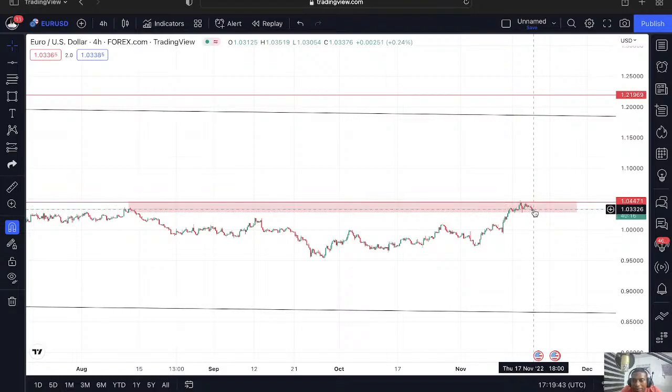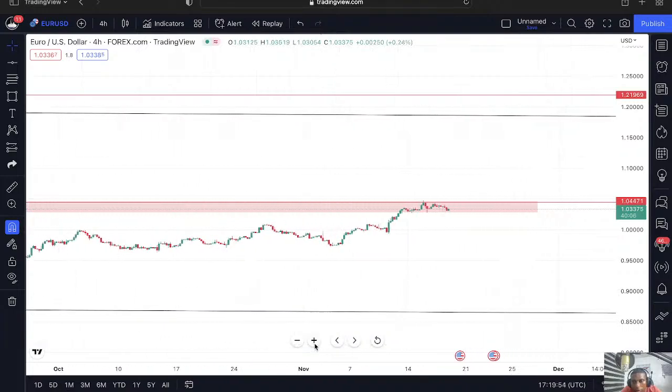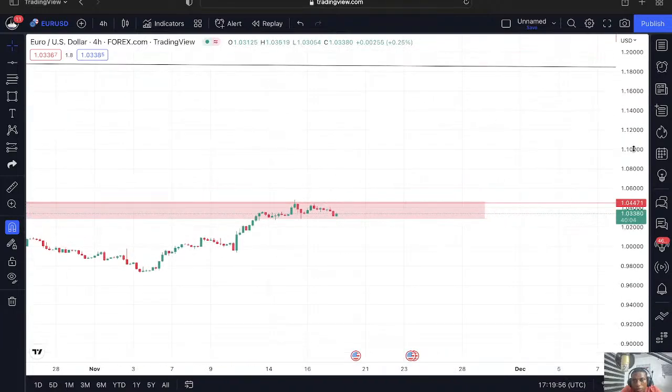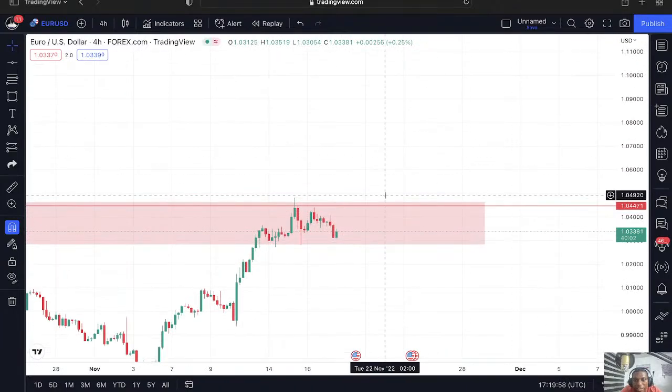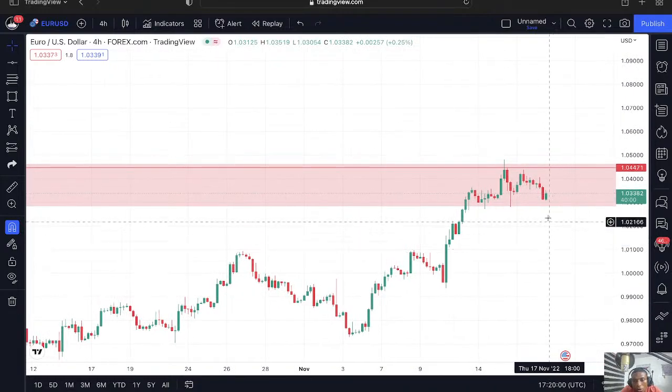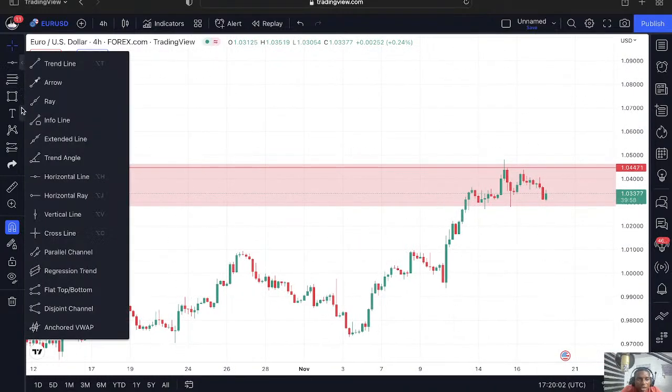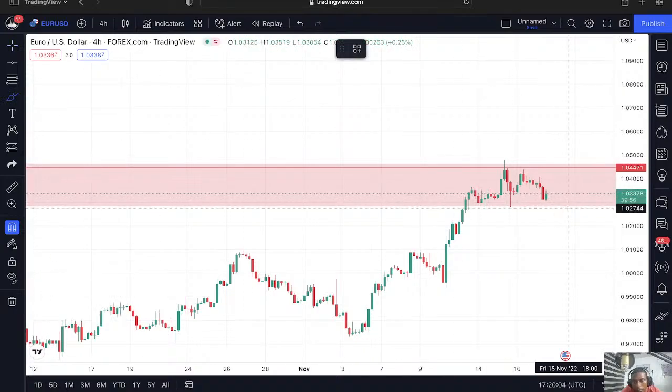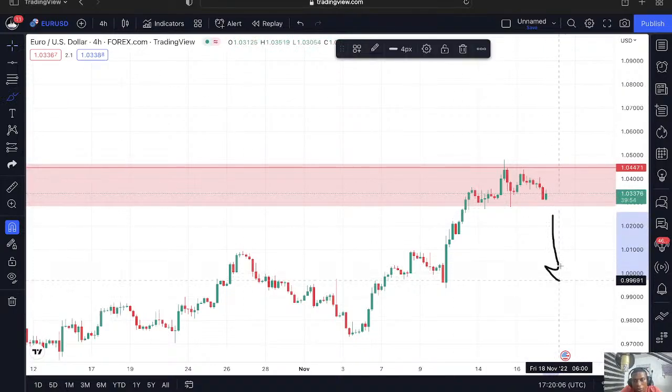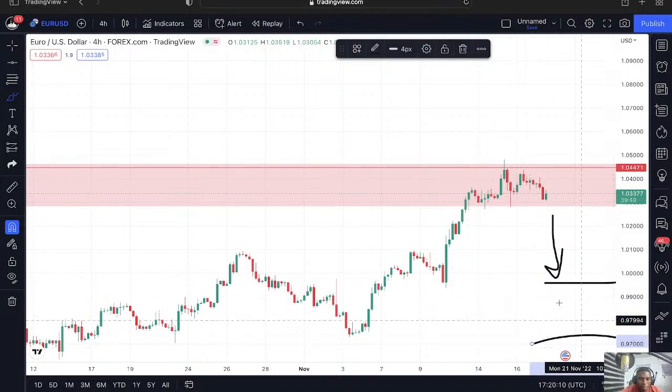So if price keeps lingering in this resistance region towards this level, there will be a potential breakout. If price breaks out of this box, there would be a fall in price, maybe to the next resistance level here or here.